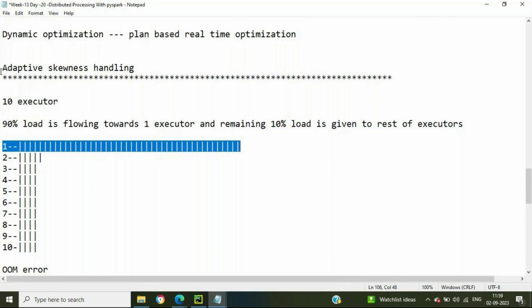Previously we went through repartition and coalesce, and we saw the manual approach to increase or decrease the number of partitions. But over here, based upon the dynamic stats, Spark is going to increase or decrease the number of partitions by itself, and we will be able to handle the data skewness.